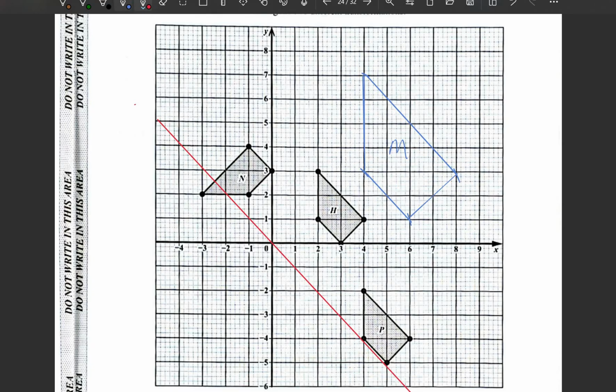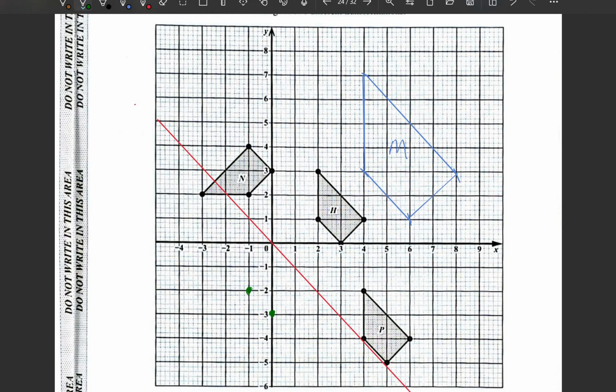Our first point is going to be 1, 2, 3 units away. So our second point would also be 1, 2, 3 units away. This point here is 1, 2, 3 units. So we go 1, 2, 3 units away.